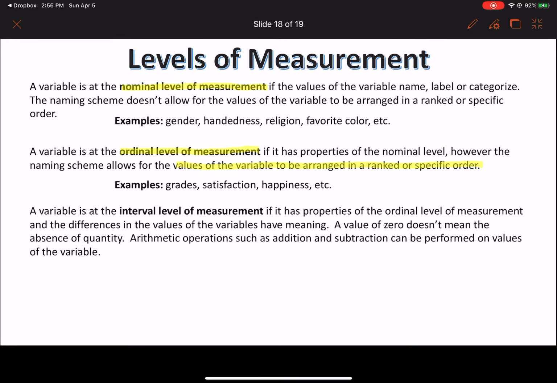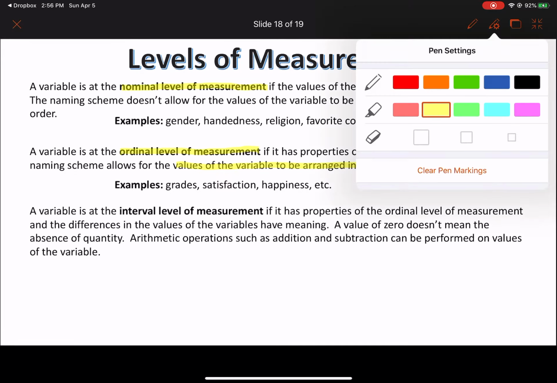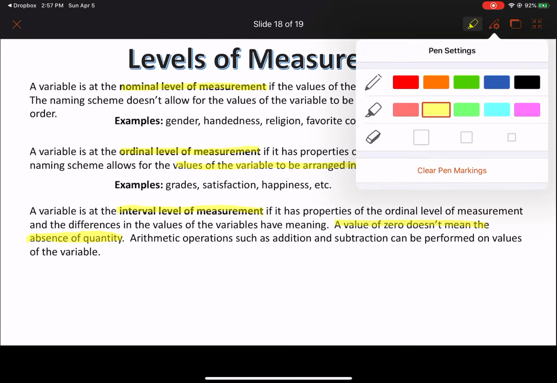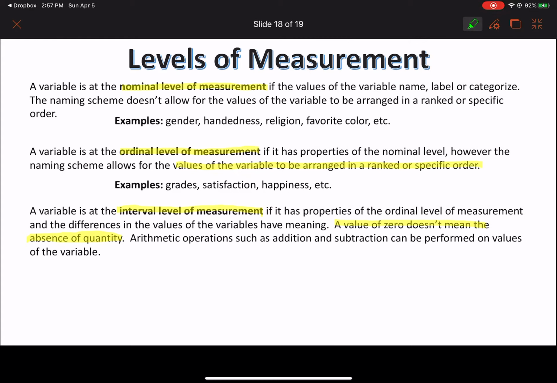Next level of measurement is interval. So these last two are the ones that draw some confusion. Now, the parts that are important here: a value of 0 doesn't mean the absence of quantity. Also, another part that's really important, you use addition and subtraction performed on the values.